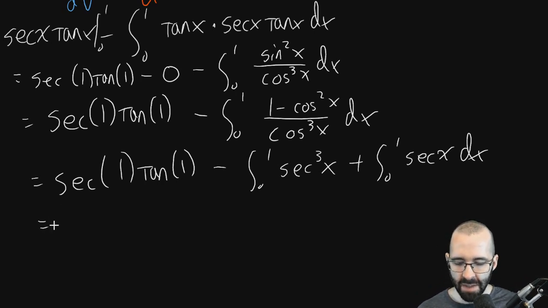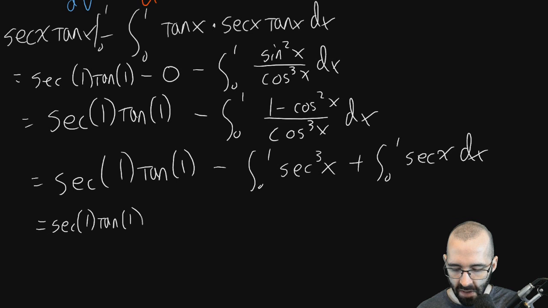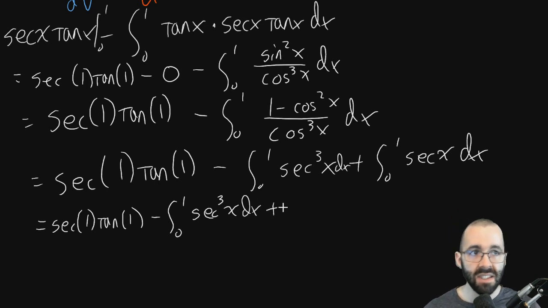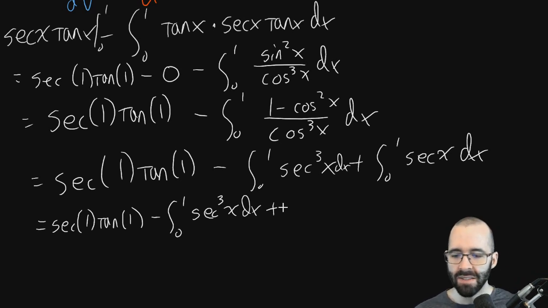So we get secant of 1 times tangent of 1, whatever the heck that is. And then minus this integral that we're going to be looking at soon. I forgot my dx. And then plus the antiderivative of secant. Antiderivative of secant is one of those really weird ones. There's a couple of ways of doing it. One of the ways is with integration by parts.